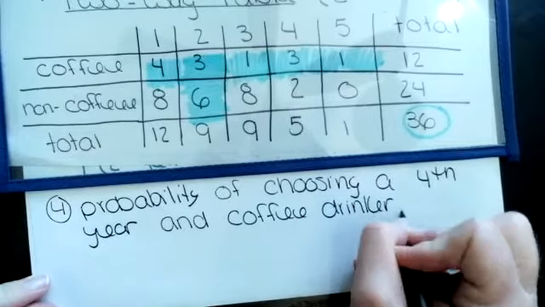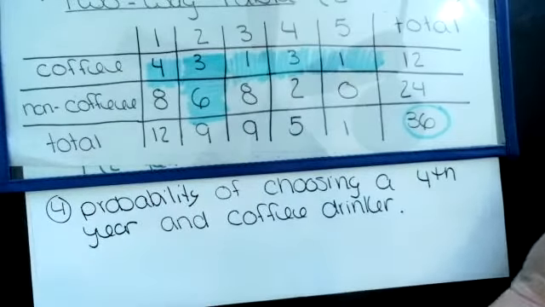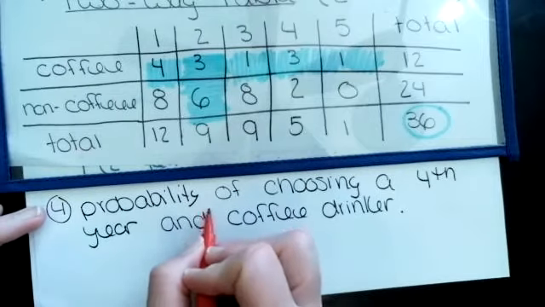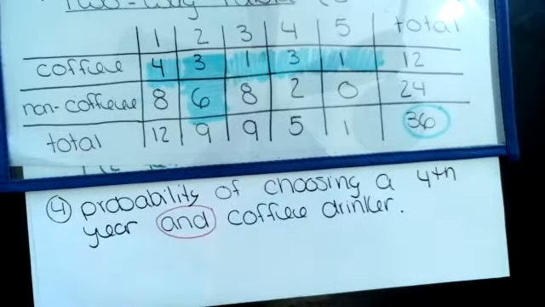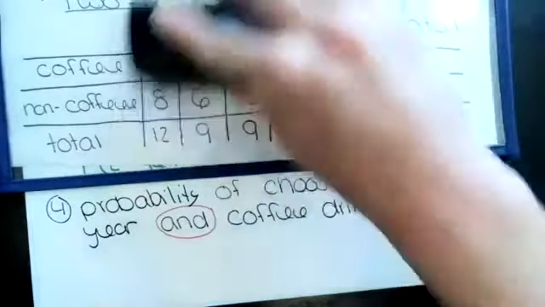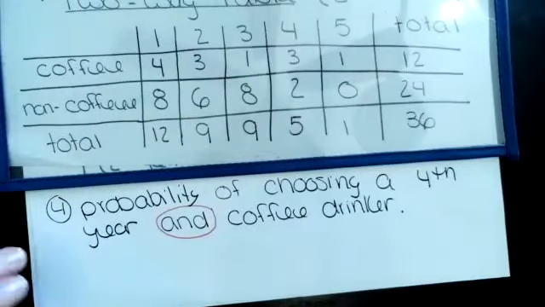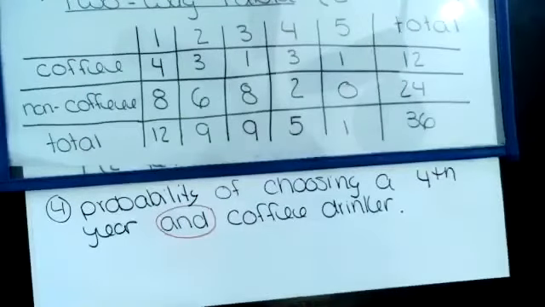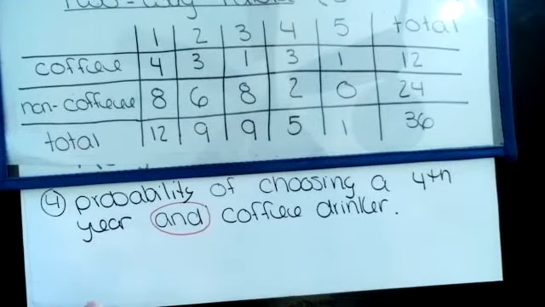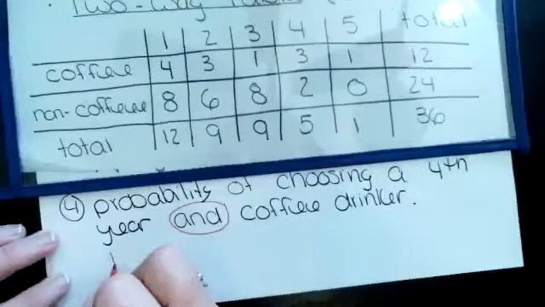So now I want to know, what is the probability that I have both? Look at this, I have an "and." So when I have an "and" in my statement, this means I'm interested in the overlap of the 2. I want to know, what is the probability that I choose one student and they're both? They're a coffee drinker that's in their 4th year of study at RIT. Okay, that's what I'm looking at.